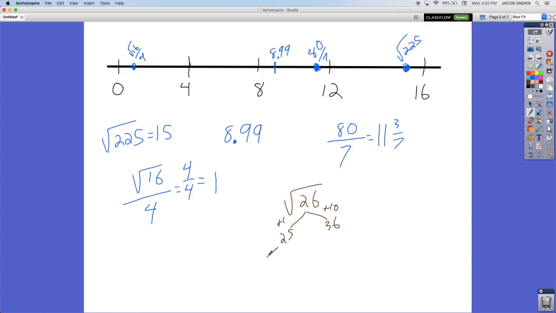So it's in between 5 and 6, and it's really close to 25, so it's going to be somewhere in this area. Let's say 5.1. Now remember, that's an irrational number though. We can still put an estimate down there and it can still fall on our number line, but everything that we've done today so far has been rational. That's an irrational one. Okay?